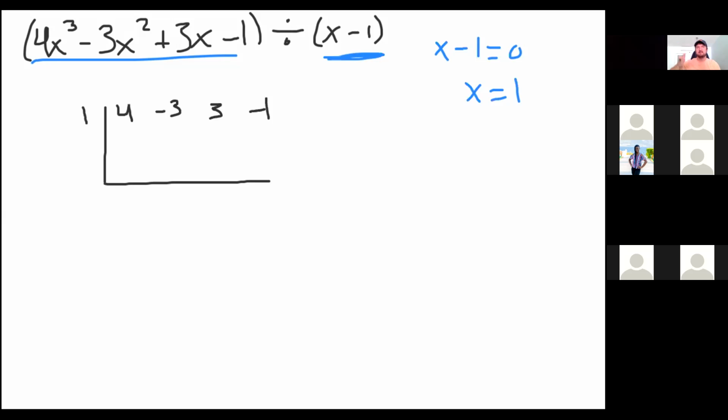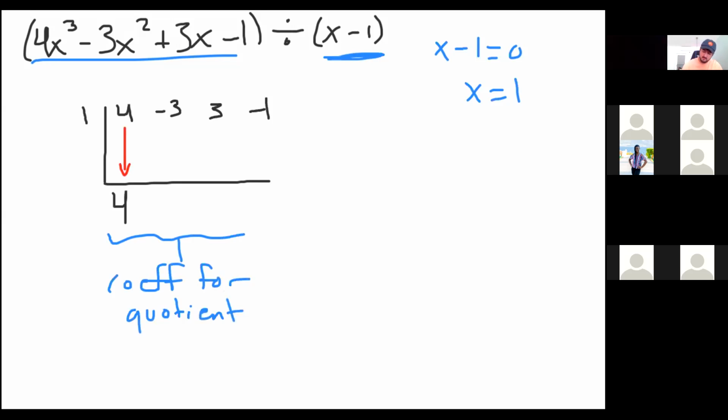Synthetic division has a nice little process: we first drop down the very first number that we see. We're going to get a 4. The numbers that we get through our process right here are going to be the coefficients of the quotient. And then we usually like to write a nice little box under that very last number, under that -1 here, and that is going to give us the remainder.